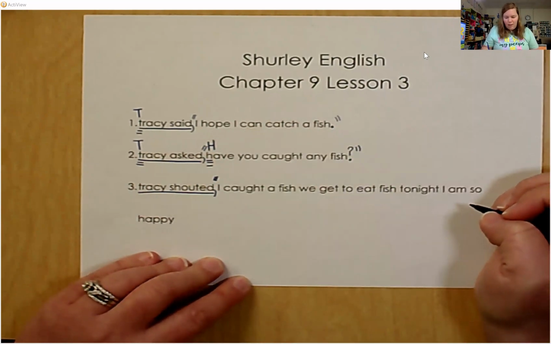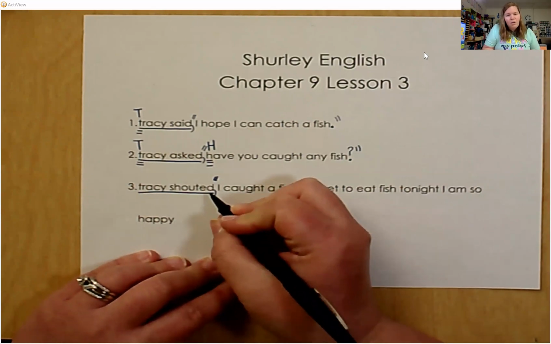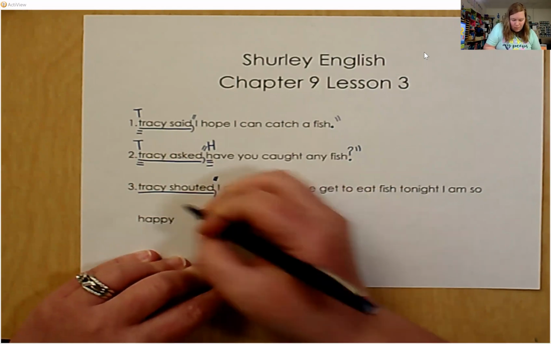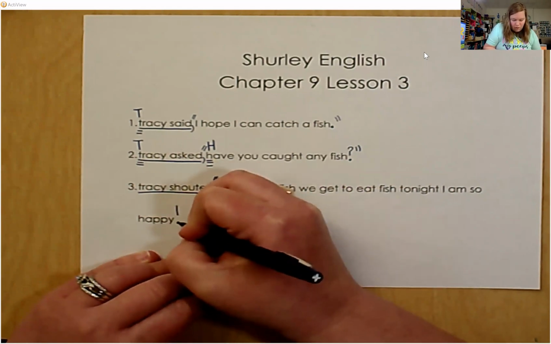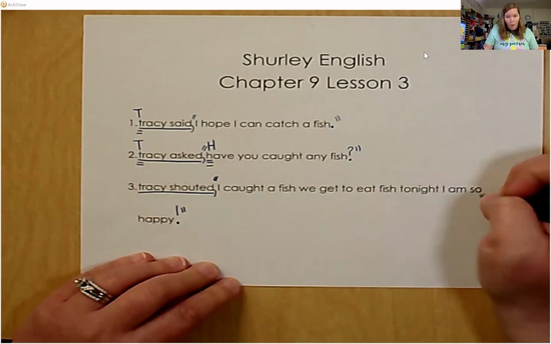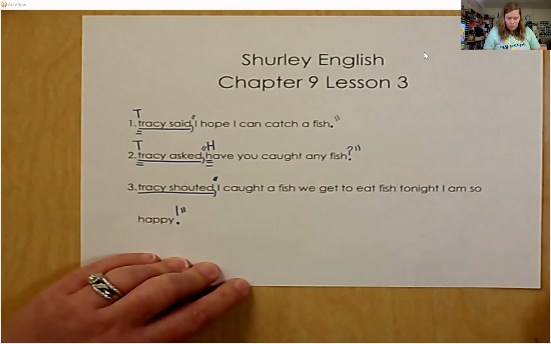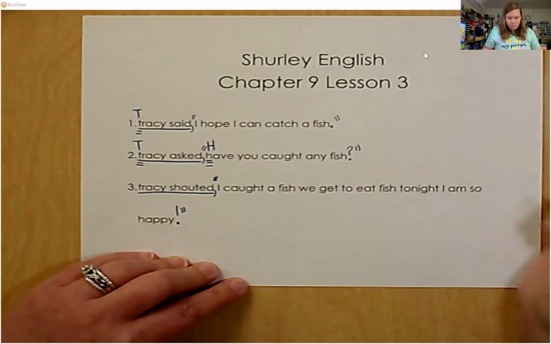Okay. Now at the end, if she's shouting, what do you think would be our end mark? I think so too. I think an exclamation point, since she's shouting. And she's so happy. She's not just a little happy, she's so happy. And your quotation marks at the end.